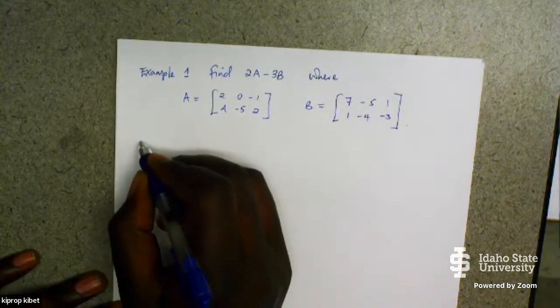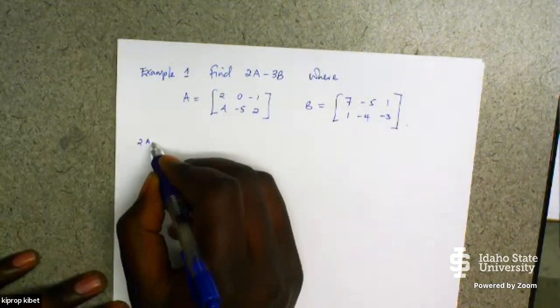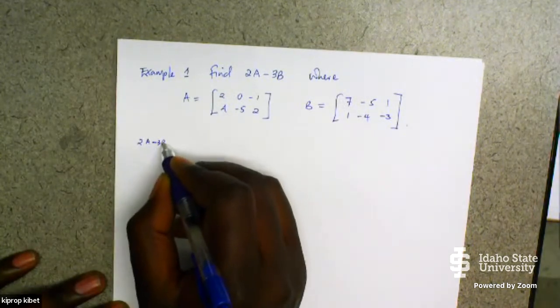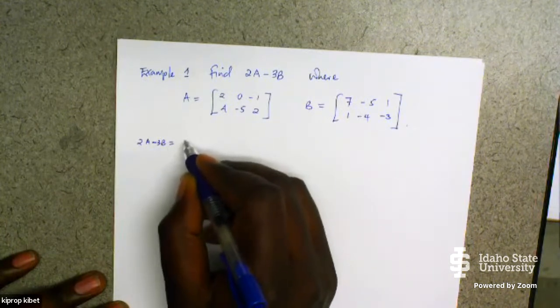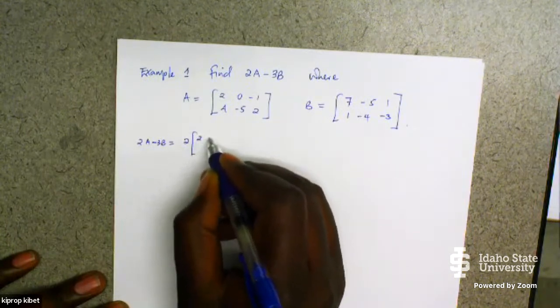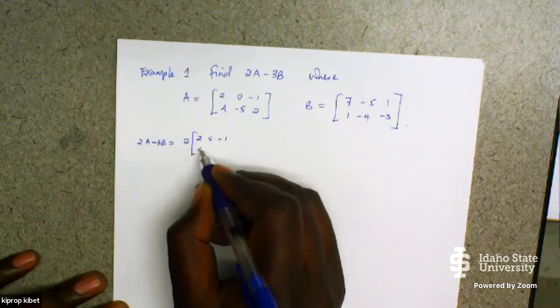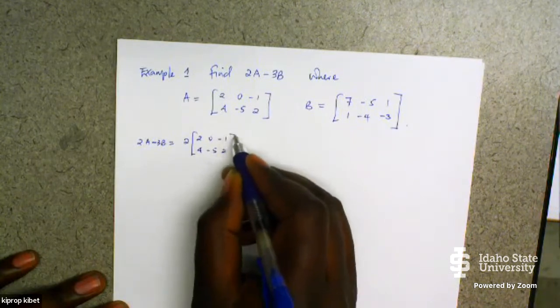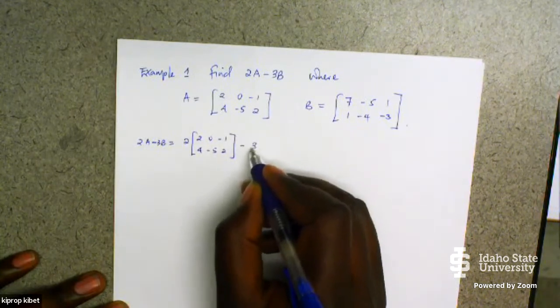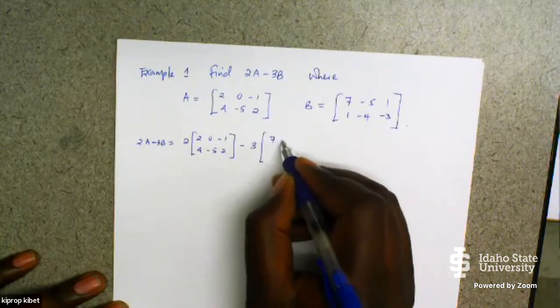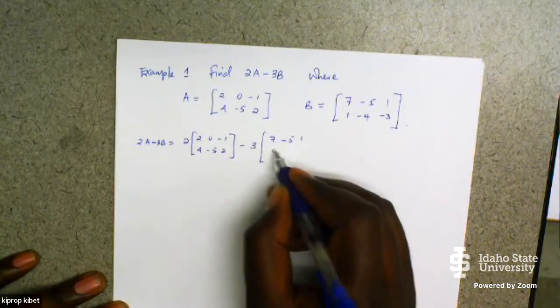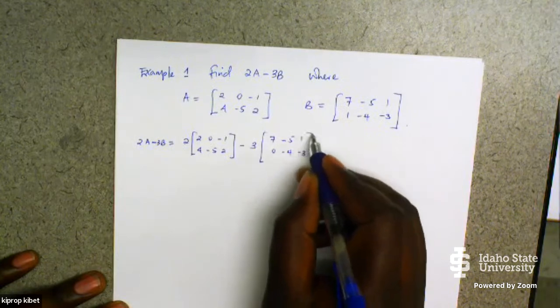So 2A minus 3B is the same as 2 times 2, 0, minus 1, 4, minus 5, 2, minus 3 times 7, minus 5, 1, 1, minus 4, minus 3.